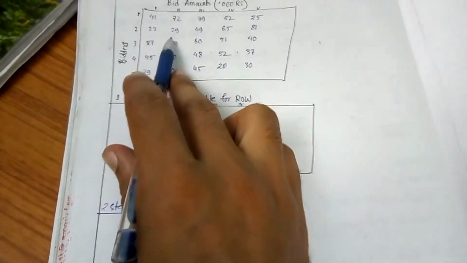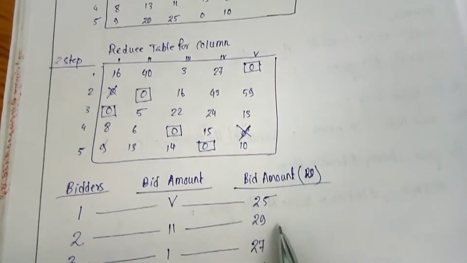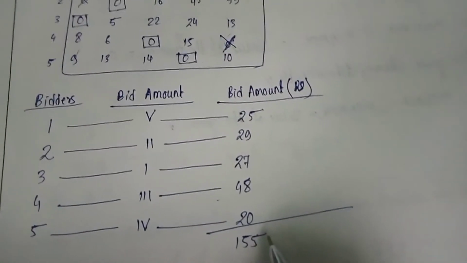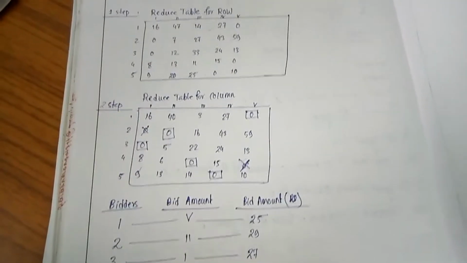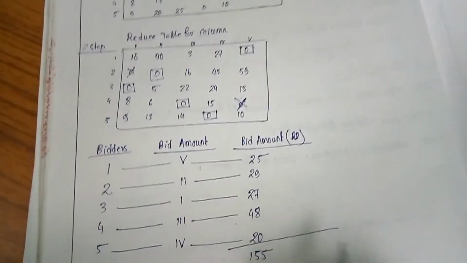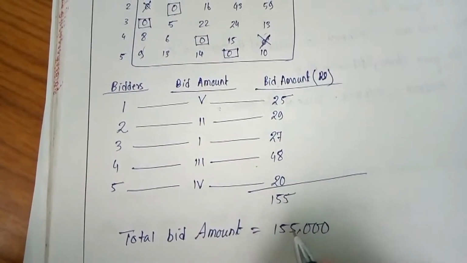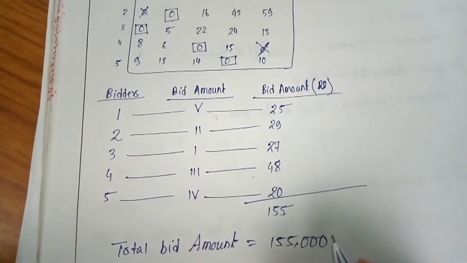For this case, this one is 29, so write 29. Now the total amount is 155, and we said at the very first that the bid amount is in thousands, so the total bid amount is 155,000 rupees.